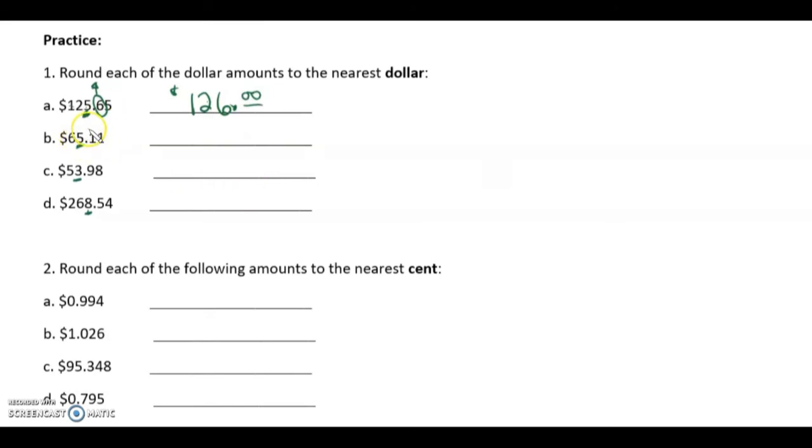Okay, for 65.11, I'm going to round down because the 1 is less than 5, so this just rounds to $65. Okay, for 53.98, this is going to round up. We're going to round to 54. And then 268.54, we are going to round up again, so we get 269.